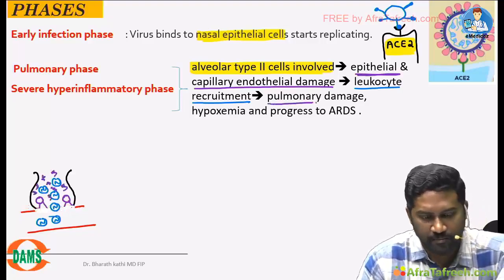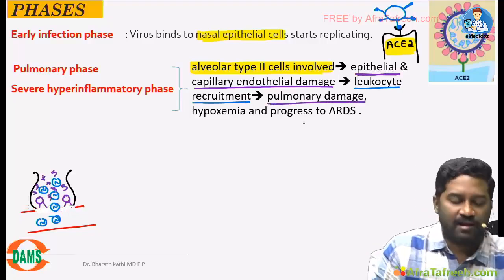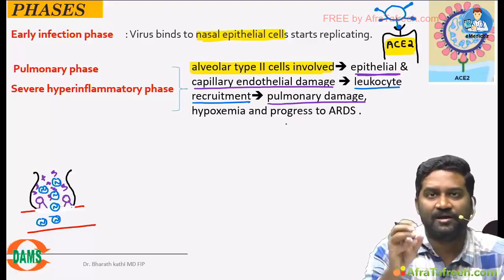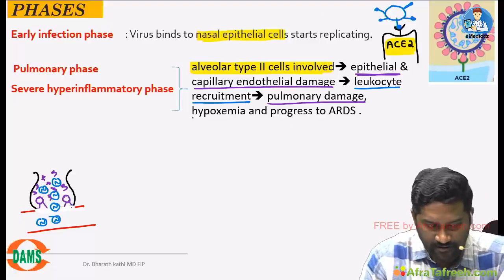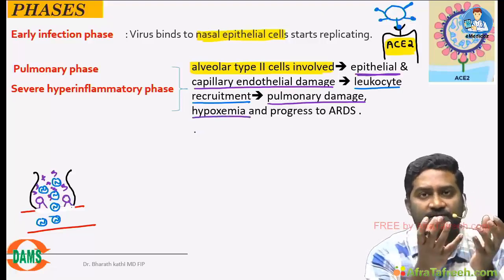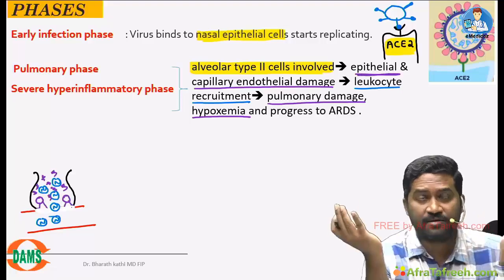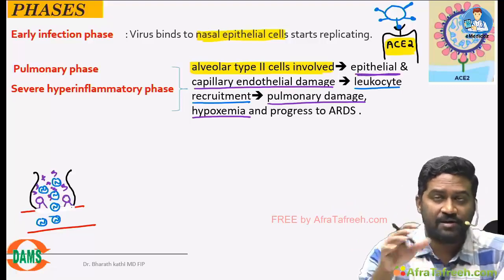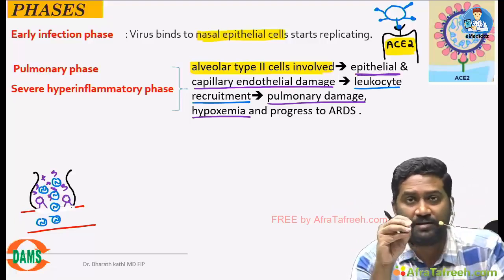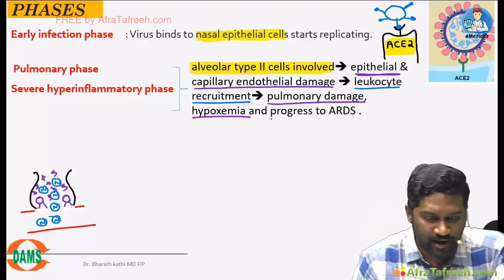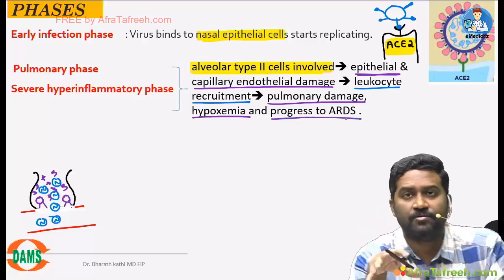So there will be pulmonary damage. Because the lungs are getting affected, the gas exchange of that alveoli will be affected. That results in hypoxemia. And if this damage is happening at multiple areas in the lung, the patient can progress to ARDS.